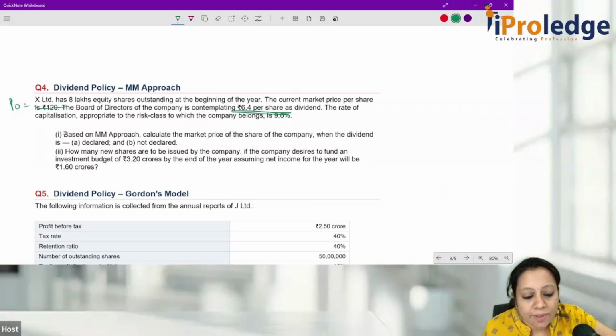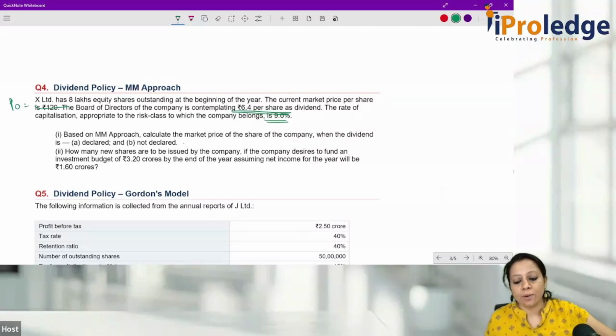The rate of capitalization appropriate to the risk class of the company is 9.6%. Based on the MM approach, calculate the price of the share when the dividend is declared and not declared. How many new shares are to be issued if the company desires to fund an investment budget of 3.2 crores by the end of the year, assuming net income for the year will be 1.6 crores?